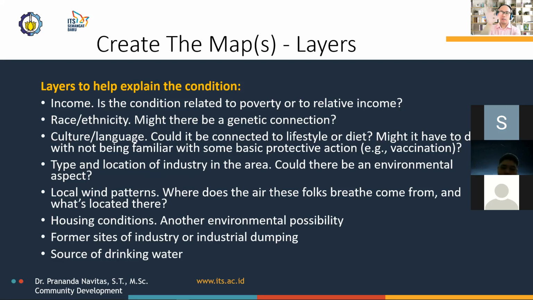Then you might want to add other bits of information to that. For example, income. Is the condition related to poverty or relative income? Perhaps the health condition that you are examining correlates with different levels of income within the community.